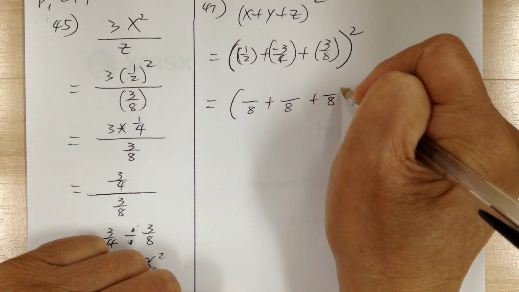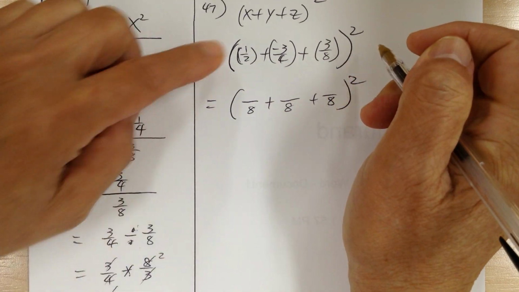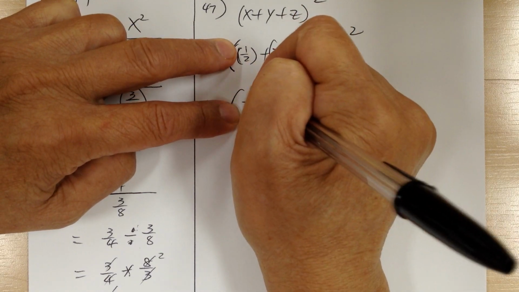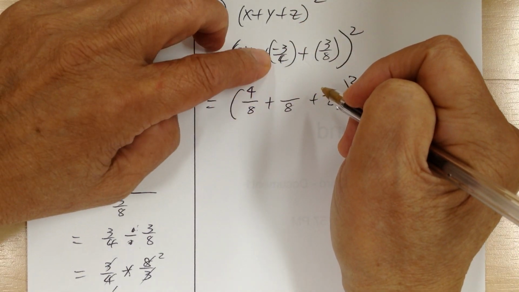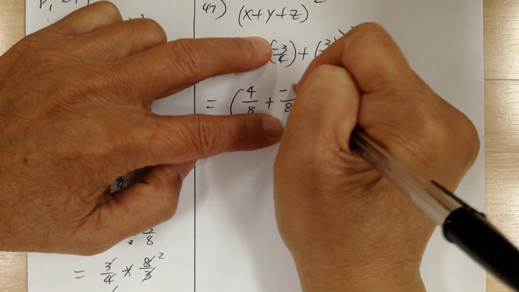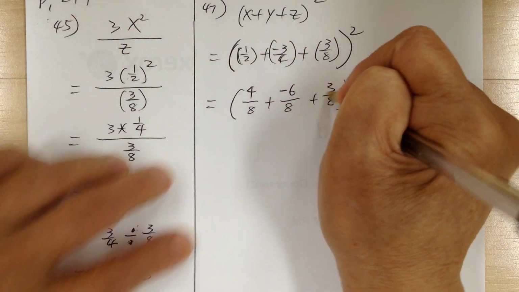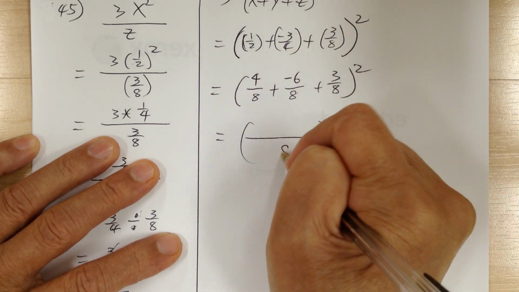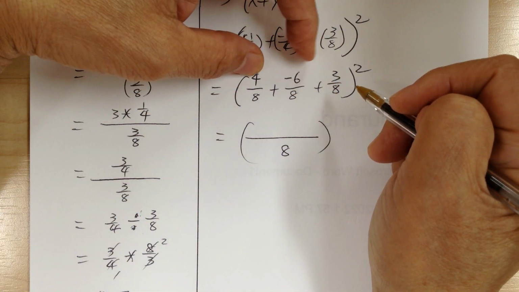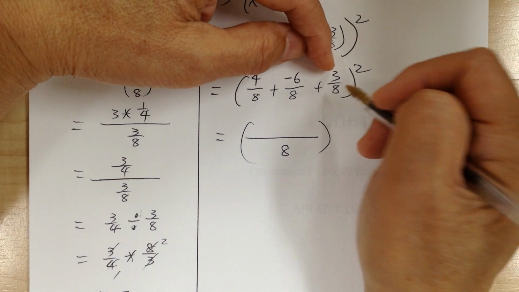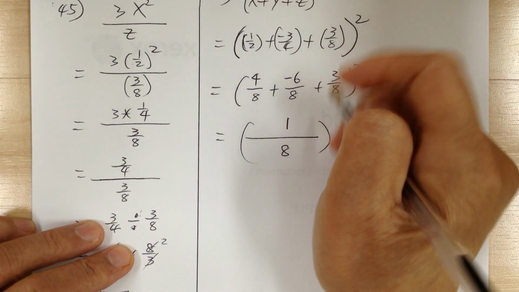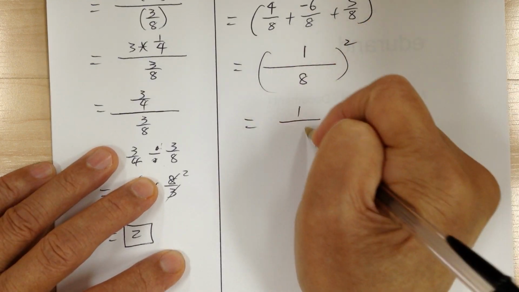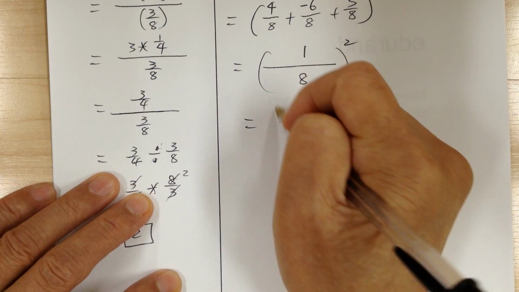That's how you add fractions. From here to here, you have to make 1/2 into eighths. You multiply by 4, so it becomes 4/8. This one you multiply by 2, so it becomes -6/8. This one you don't have to do anything. Now you can combine all this together. So 4 minus 6 is -2, plus 3 equals 1. Now you can square. 1 squared is 1, 8 squared is 64. And that's it.